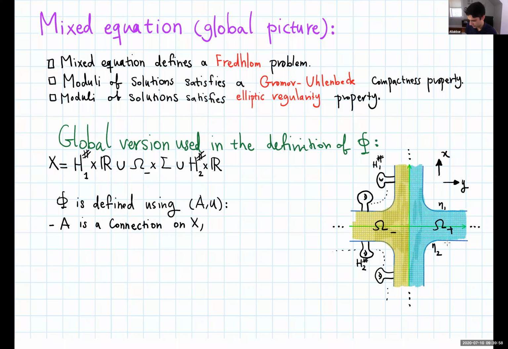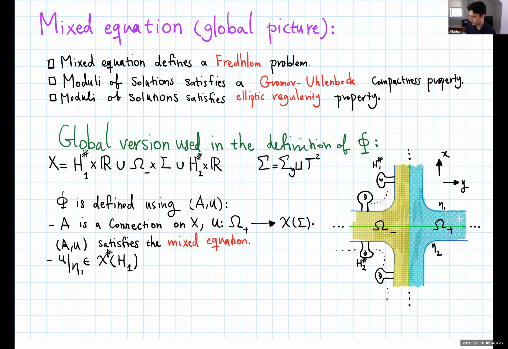For the sake of time, I'm going to go through that part very quickly, but the main point is that on this four-manifold side, A is supposed to satisfy the ASD equation, and our map U, which is from omega plus into the character variety chi of sigma, is supposed to satisfy the holomorphic curve equation.